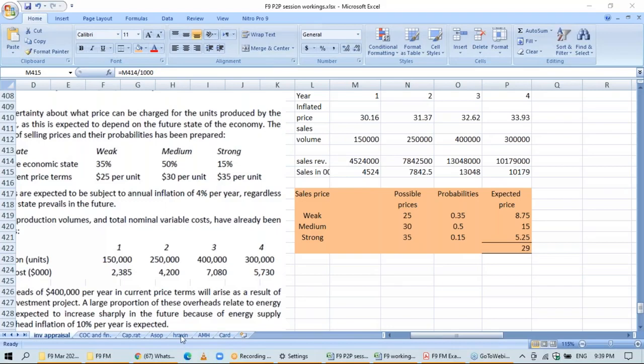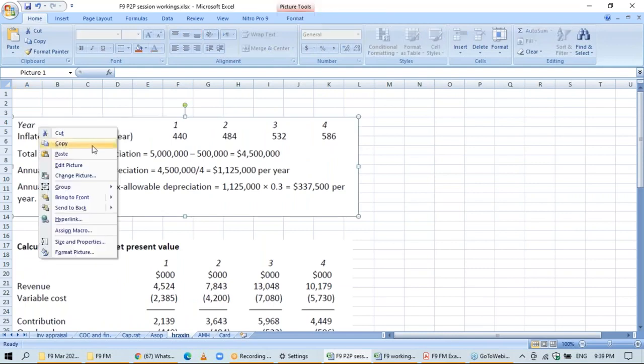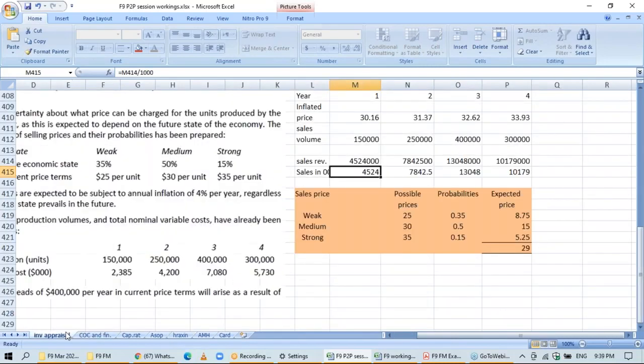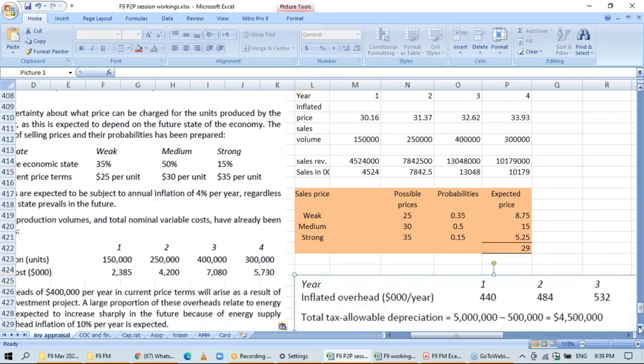So let me show you the NPV working for this question. First of all, you will see the working for the factory overheads and the tax depreciation. So there you go. That's the working for the factory overheads and the tax depreciation.